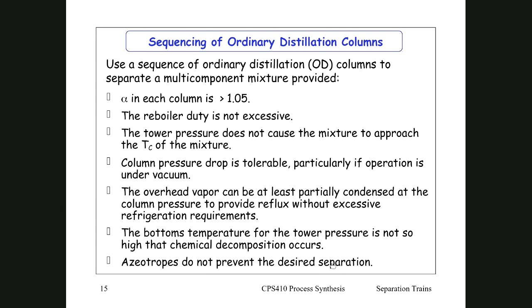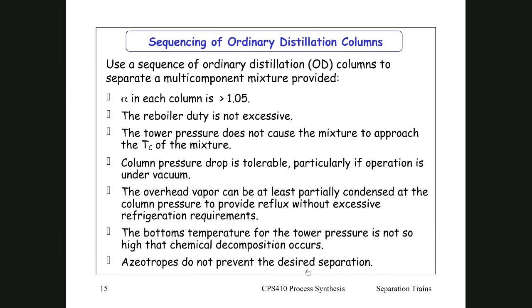And azeotropes do not prevent the desired separation. So that is something we're going to go into in much more detail in later sessions when we look at residue curve maps. That'll help us to find suitable sequences of distillation columns where azeotropes are involved.